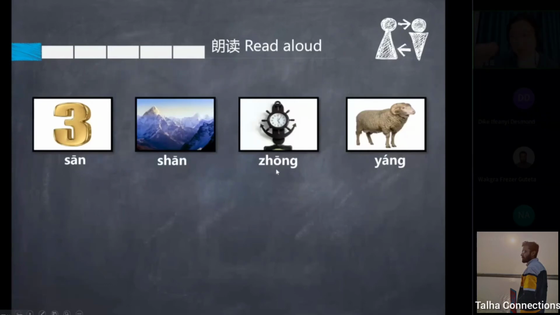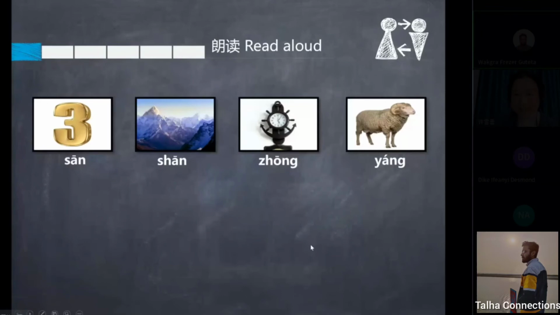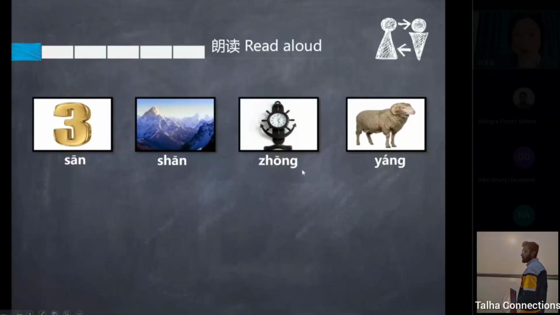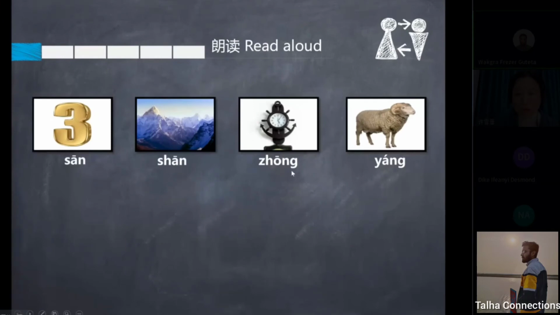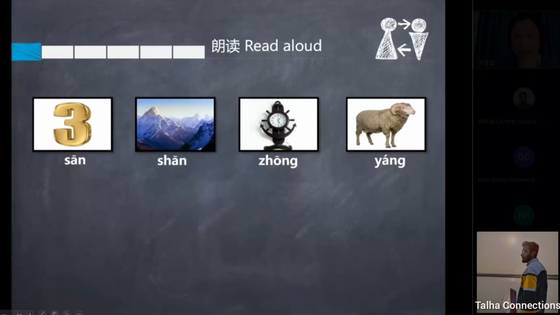Now, this one. Zhōng. Here, the picture shows us zhōng is clock. But this zhōng is not the zhōng in Zhōngwén or Zhōngguó, because in Chinese, some characters share the same pronunciation but have different shapes, different forms.